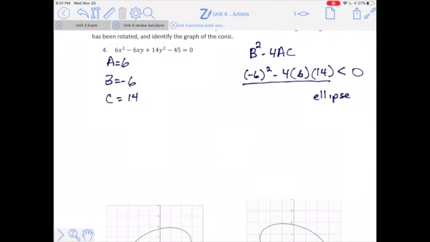The other thing now is using the rotation theorem, is what it's called. The cotangent of 2 alpha, where alpha is your rotation.